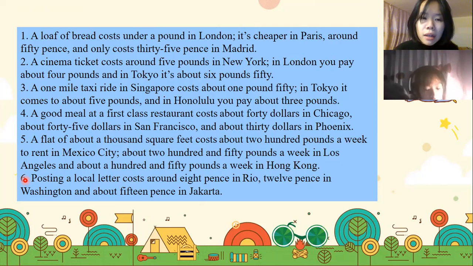So, posting a local letter, sending a letter locally, right? It costs 8 pence in Rio, 12 pence in Washington, and 15 pence in Jakarta. So it's easy, right? Rio is the cheapest. Next one is Washington, and the most expensive is Jakarta. Okay.